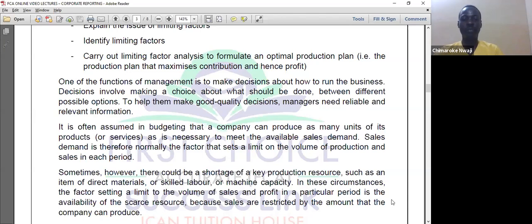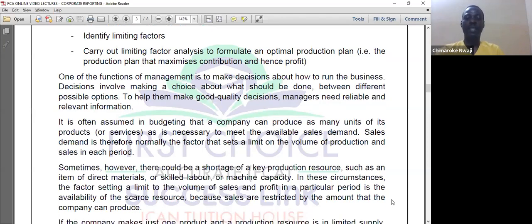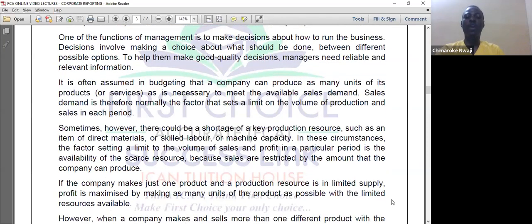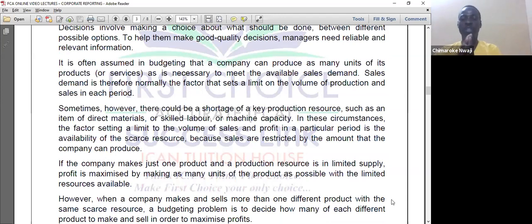Now, as I said, if the company is producing just one product and there is a limiting factor, which we have said in this exam is going to be just one limiting factor, then there is no problem.